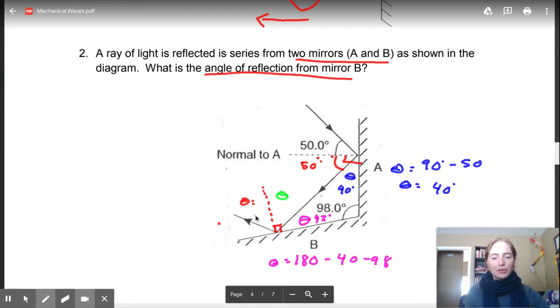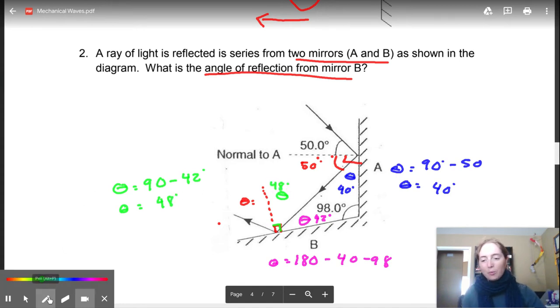Well, in order to figure out what this is, I need to know what green theta is. So, green theta, well, the normal here is 90 degrees. This pink theta of 42 degrees takes up a chunk of the 90. So green theta is going to be 90 minus 42 degrees, which is going to give me 48 degrees.